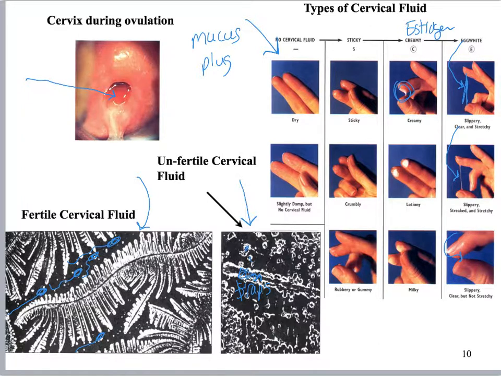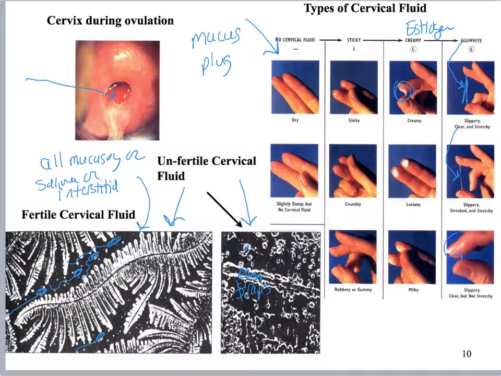Now, what's really fascinating is this estrogen affects all mucousy or saliva or interstitial fluid. Basically, everything is affected by this in women. So this picture right here isn't from cervical mucus. It's actually from spit, okay, from saliva.